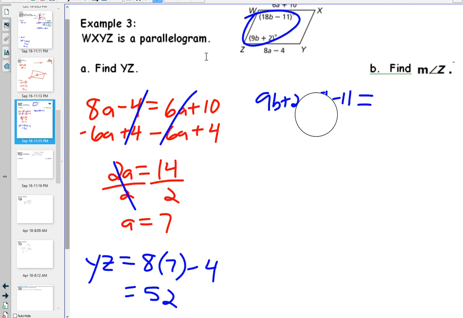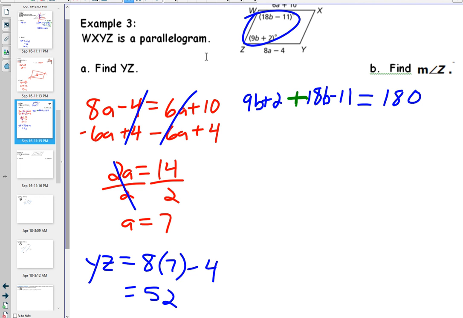Watch. I am adding the 9b plus 2 with the 18b minus 11, and that equals 180. Now I've got to solve. Since we're not substituting right now, we're not putting our head down either.